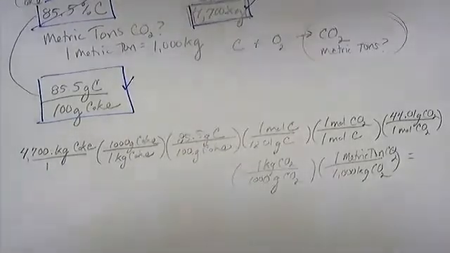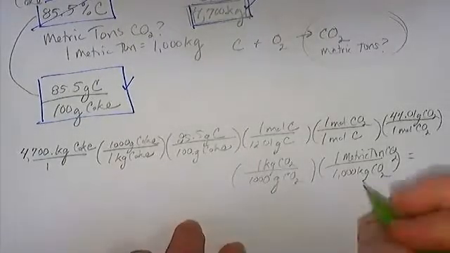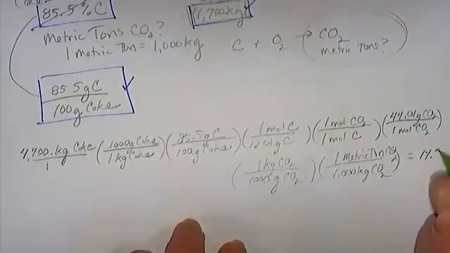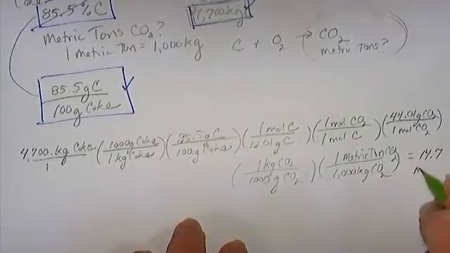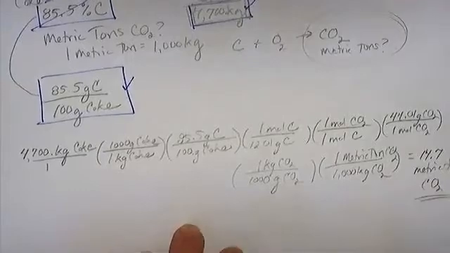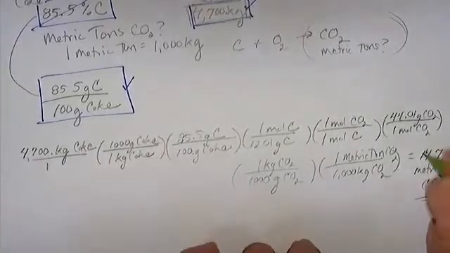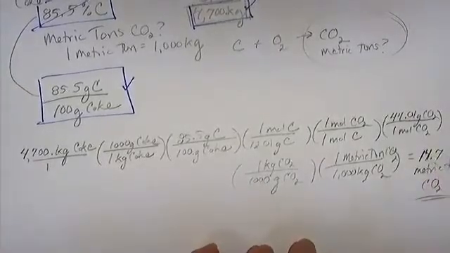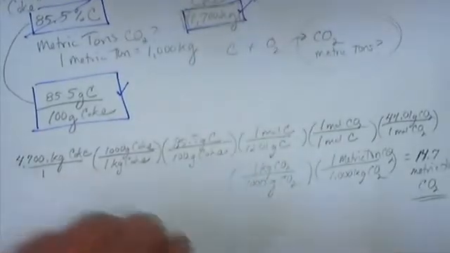And when I do all of my math very carefully, we get 14.7 metric tons. 14.7 metric tons of carbon dioxide. Whew, very impressive. 14.7, let me focus it to make sure it's nice and crisp for you.